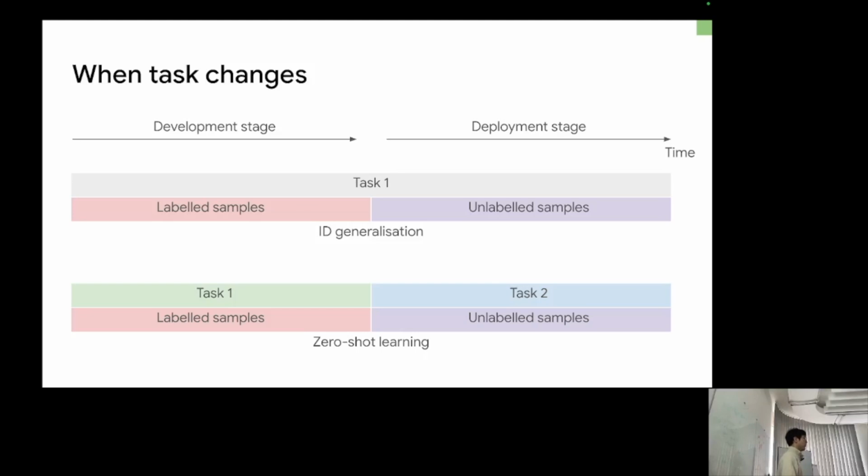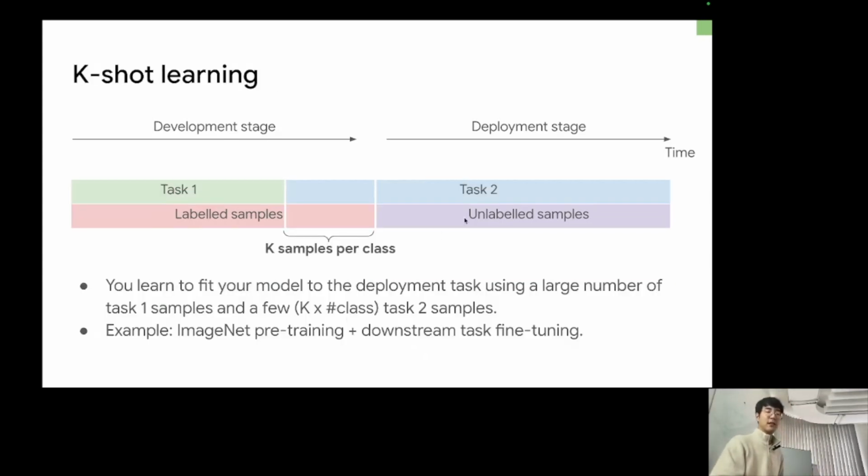Because P of y given x is changing between development and deployment. So one extreme case is you have some task during training, and now at test time you're given a completely new task, and you're expecting your model to solve this. This used to be nonsense before LLMs, but now with LLMs this is partially possible. So we'll cover that later on as well.